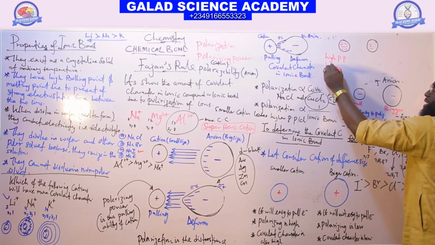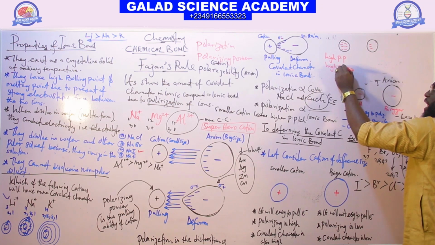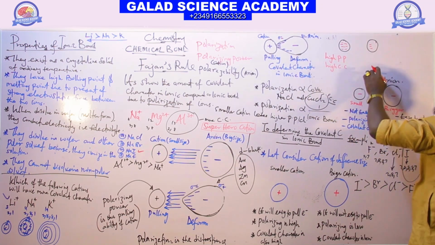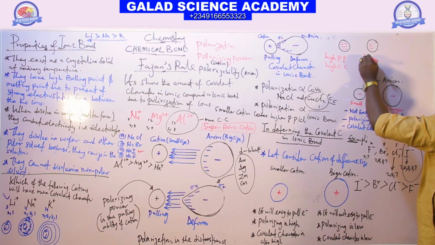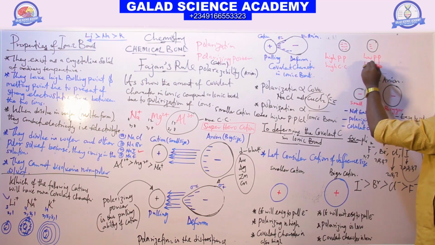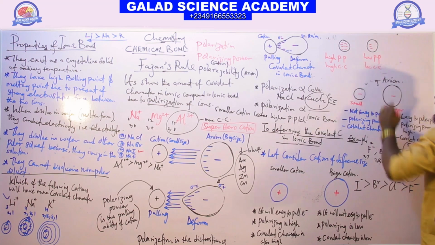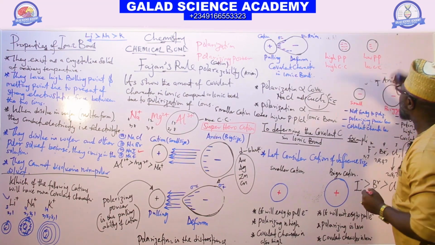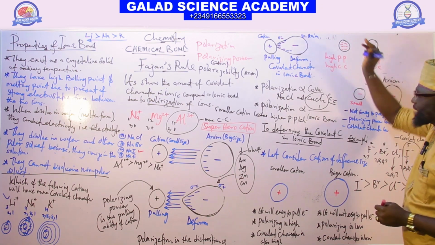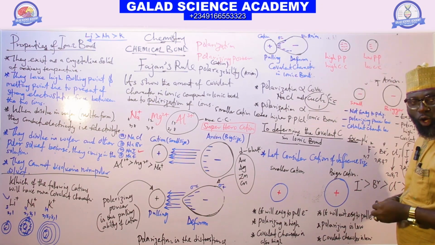It will experience high covalent character. The one with less charge will have low polarizing power. It will experience low covalent character.